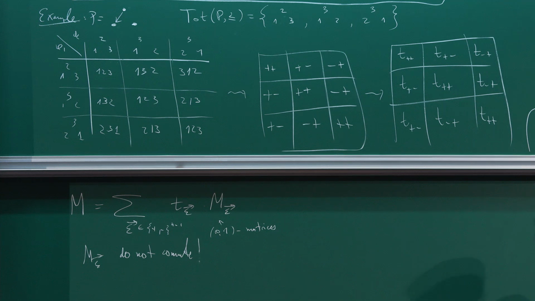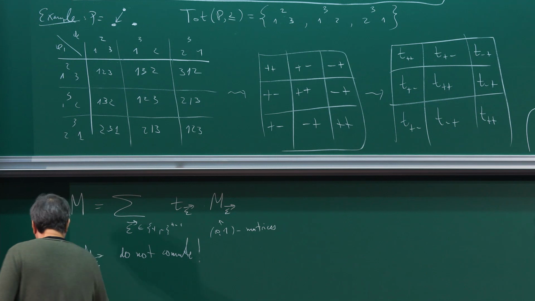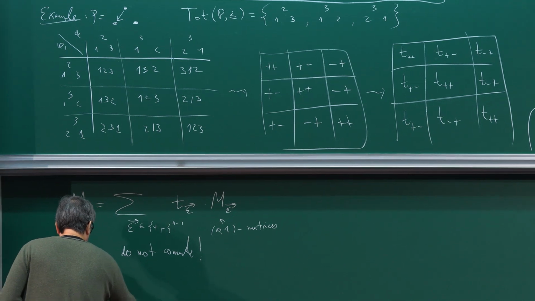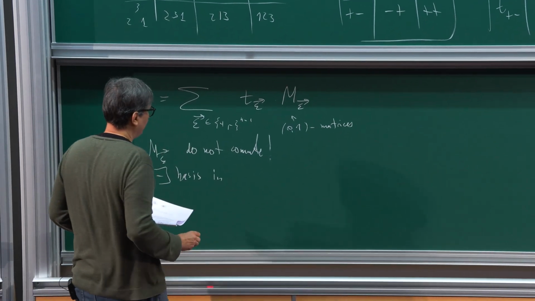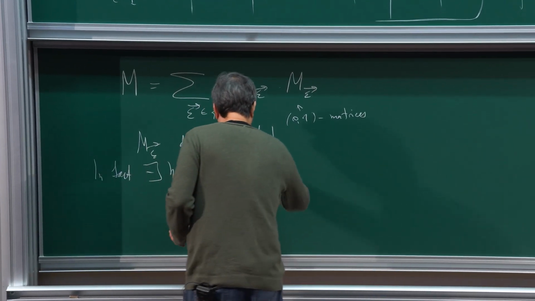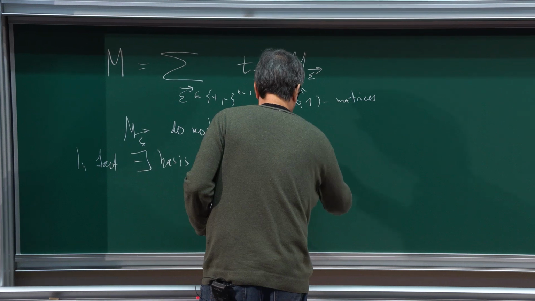The idea is that they essentially commute. In certain bases, they're upper triangular, and then you don't care about the rest. In fact, there exists a basis. Basis in what? In the algebra of functions, A will be the algebra of functions.